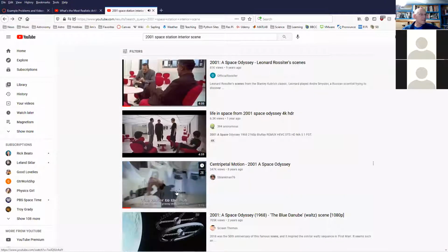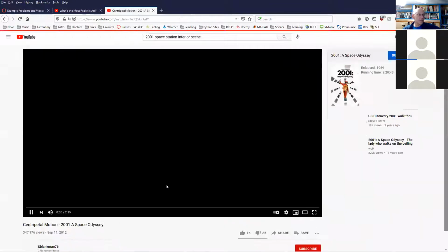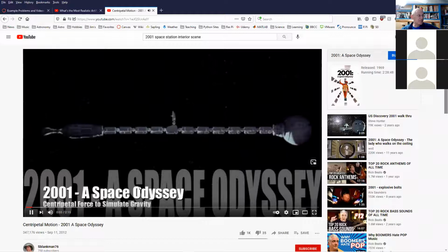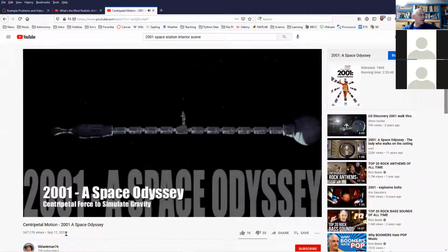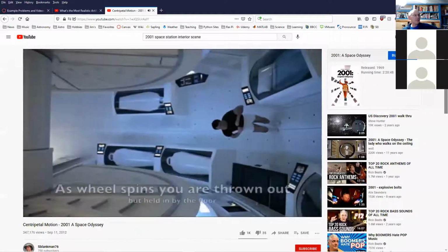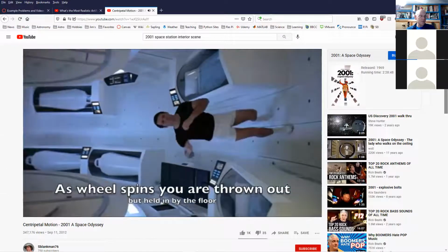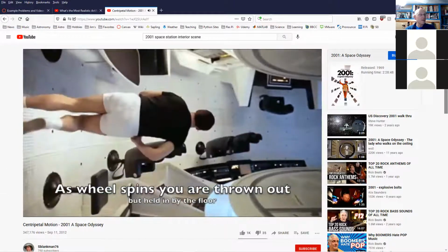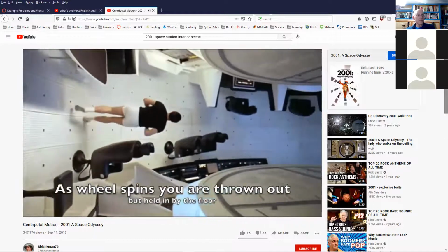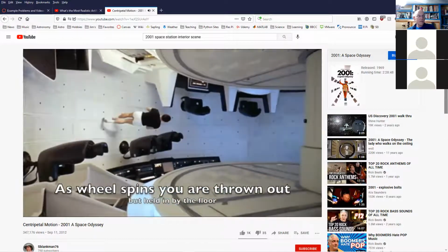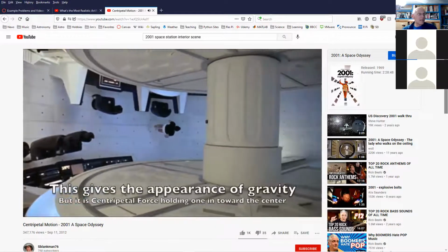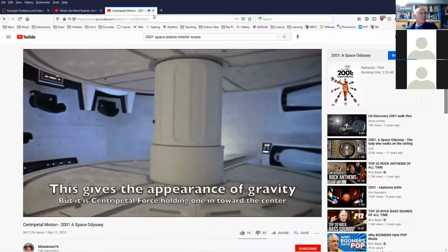Let's see. Oh, here's a space station scene in there. Centripetal force to simulate gravity. Yeah, so they're on a spinning wheel so they can keep some semblance of that.